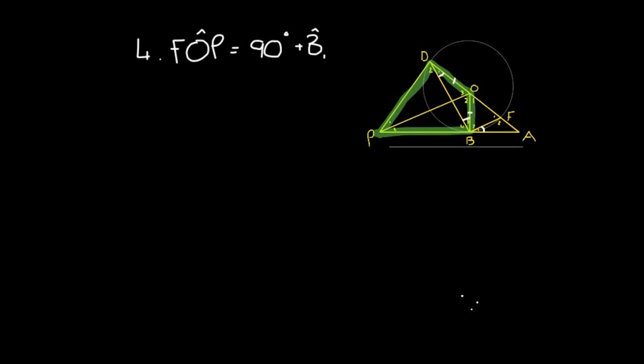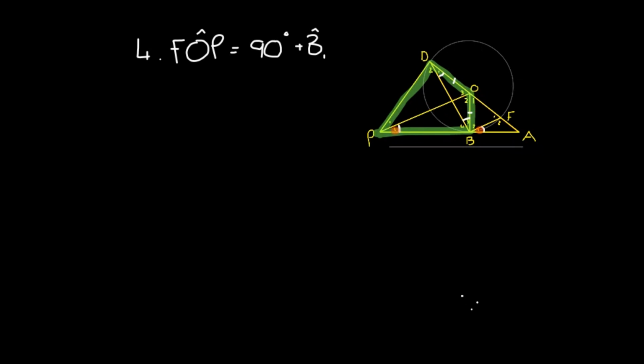Now I want to remind you, because BODP is a cyclic quad, D1 is equal to P2. Therefore, to reverse, we can say that angle P2 is equal to B1.